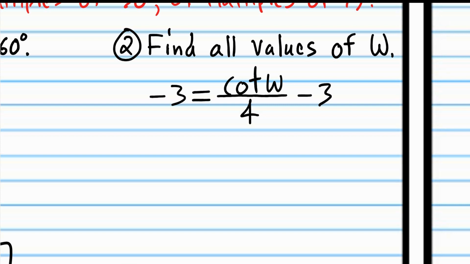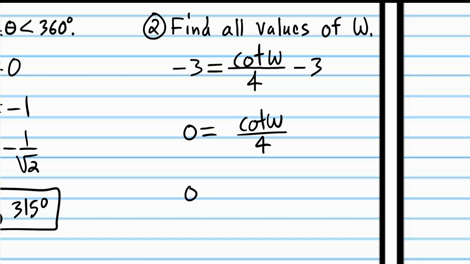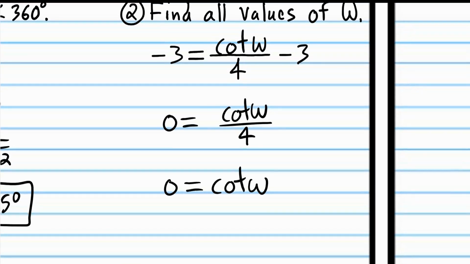We're going to isolate the trigonometric function, so we're going to add 3 to both sides. And then we're going to multiply both sides by 4. And when cotangent or tangent are 0, or when sine or cosine are 0, 1, or negative 1, or when cosecant or secant are 1 or negative 1, you have the situation where the triangles are collapsed.